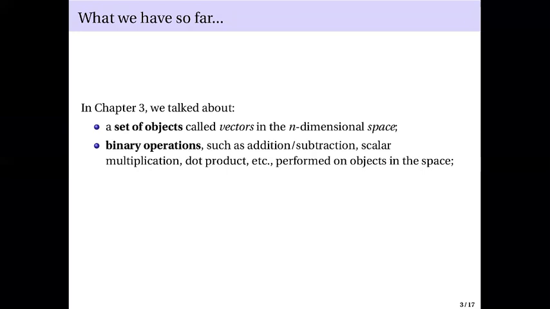So we will also have these in the more general sense. And of course, we had several properties that are satisfied by the objects and the operations in Rn, the real n-dimensional Euclidean space.